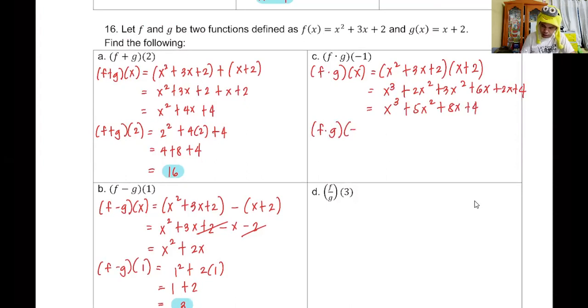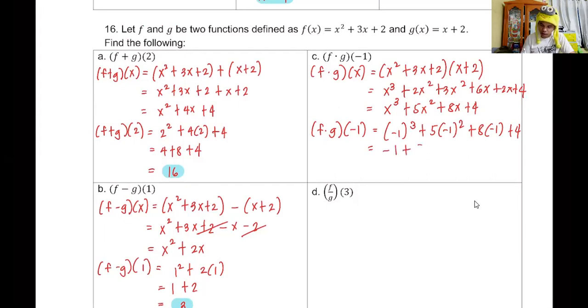Here x is negative 1. So we have negative 1 cubed plus 5 times negative 1 squared plus 8 times negative 1 plus 4. Take note of the signs. Many make mistakes in this part. So negative 1 cubed is negative 1, plus, negative 1 squared is 1.